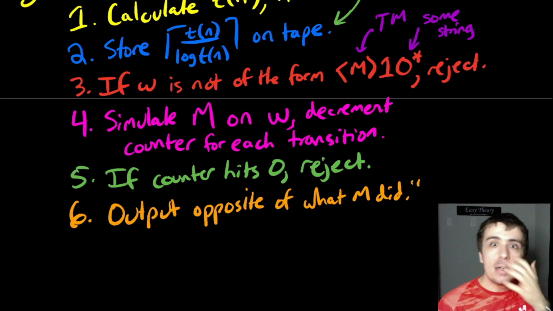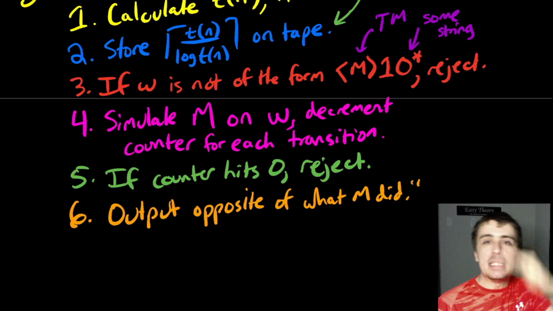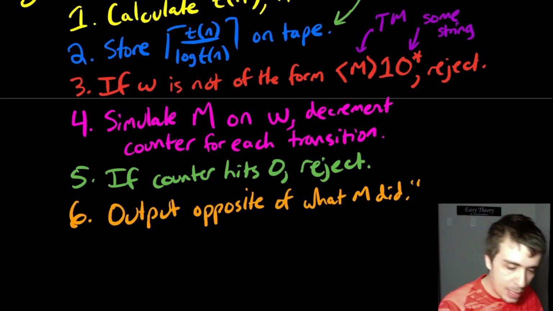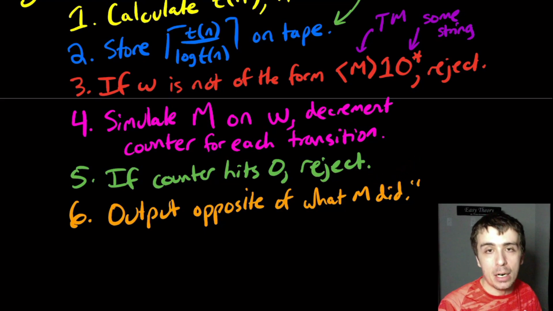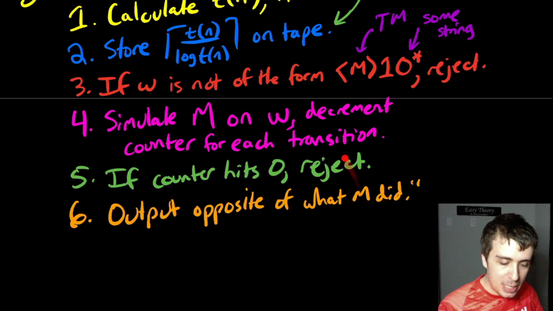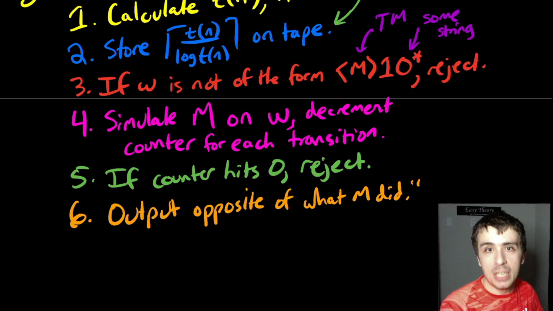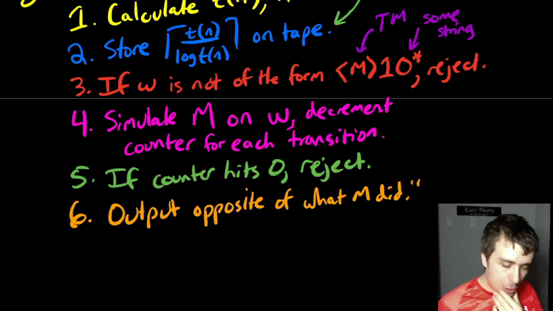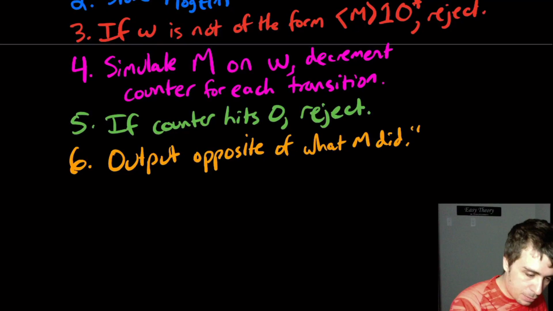So it's pretty clear that this machine D is going to be different than every other machine that makes it to this step down here. And if it makes it to that step, then that means that this machine M ran in that amount of runtime. Okay, so let's write that down.